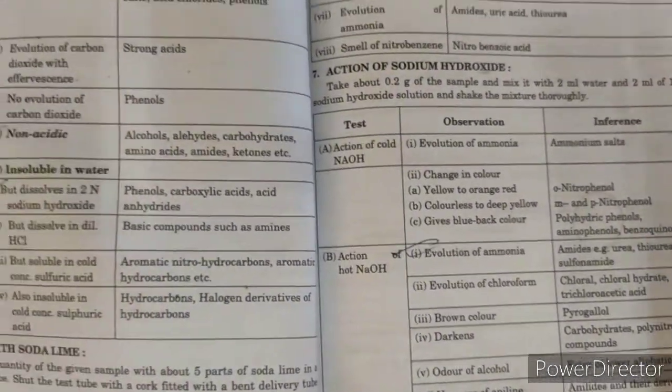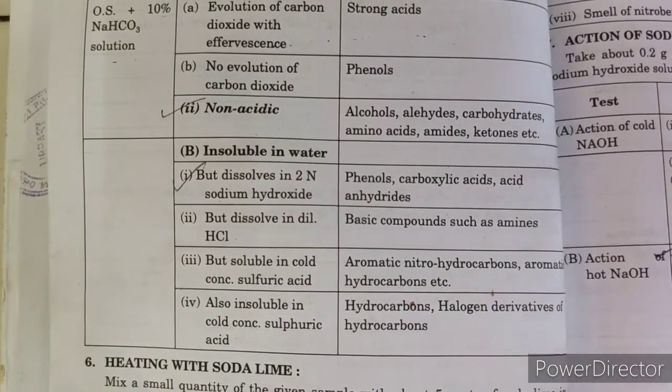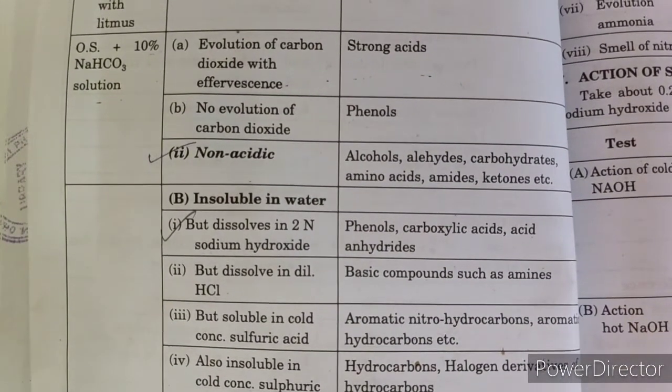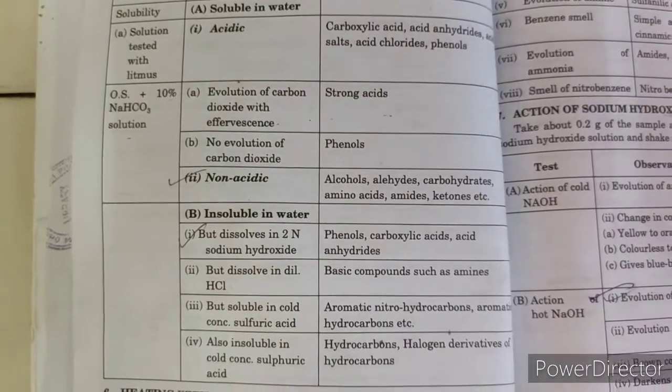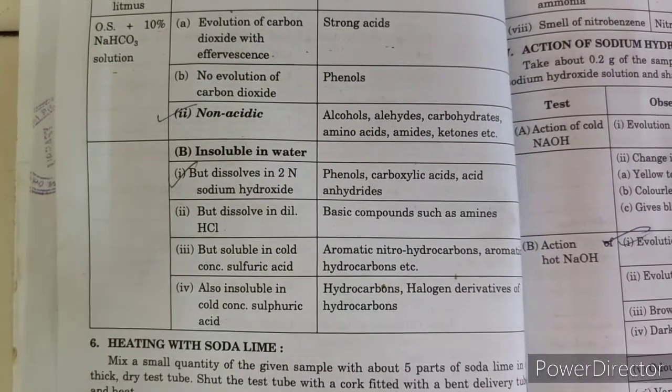We have to check it with sodium bicarbonate: compound plus sodium bicarbonate. If effervescence is there, strong acid is present. If not, phenols are absent. Take a small amount of sample again in a test tube and put a small amount of dilute sodium bicarbonate.